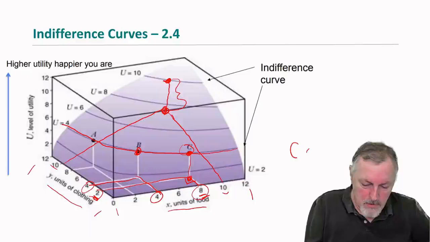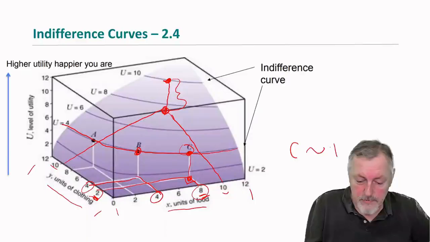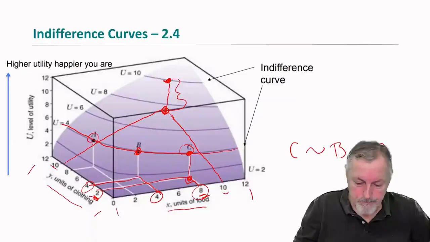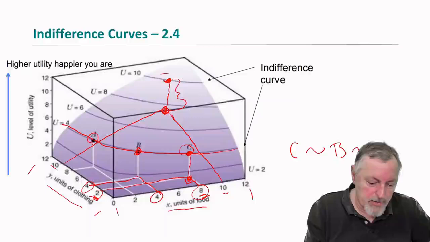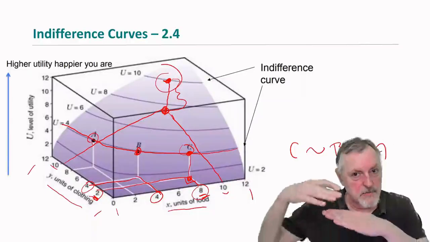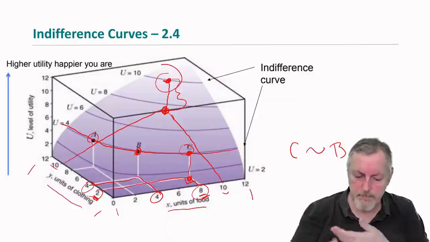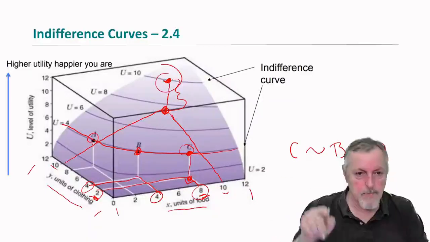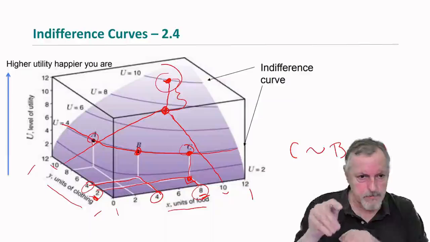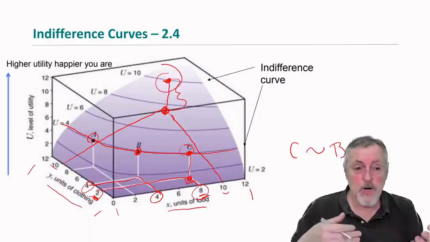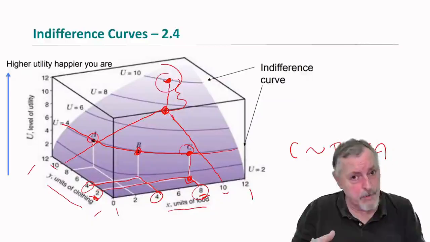So C, you'd be indifferent to B. Same for A. And this point up here, because it's higher, would make you happier. Any point farther uphill represents a consumption bundle that makes you happier.